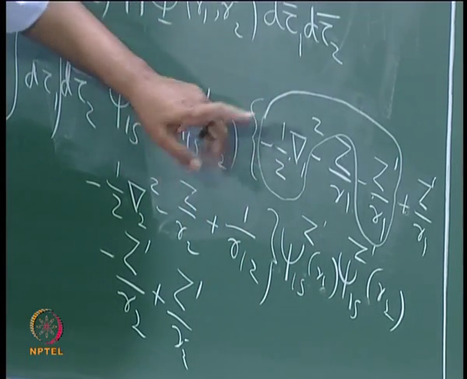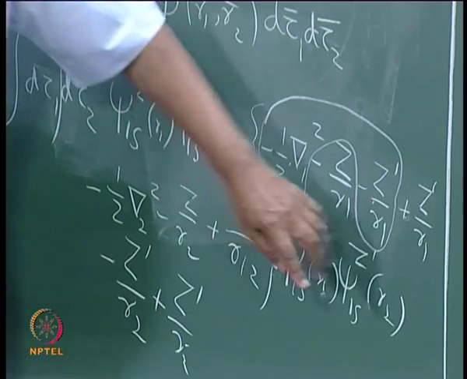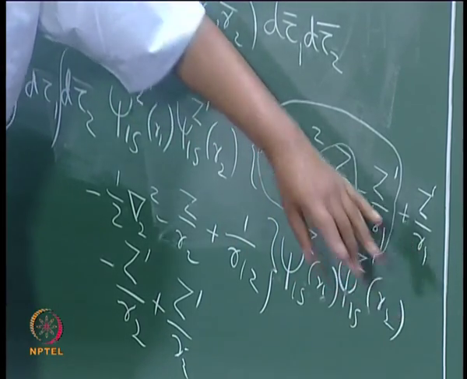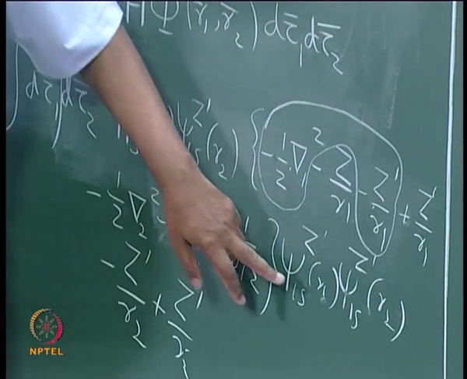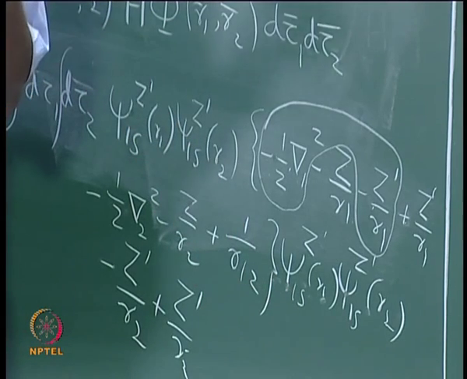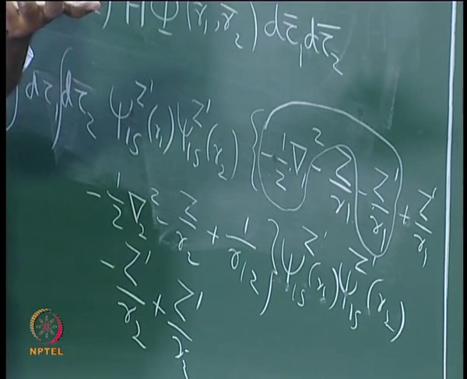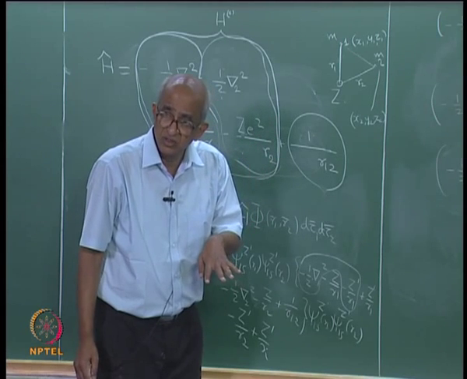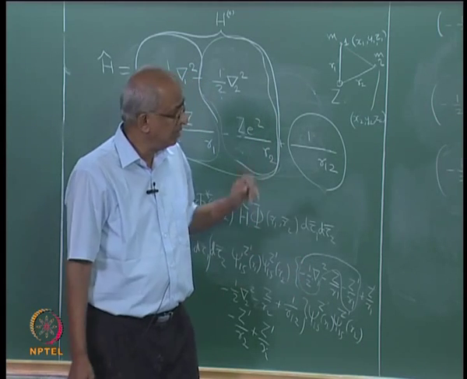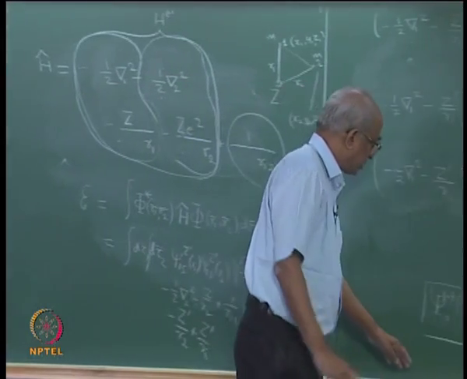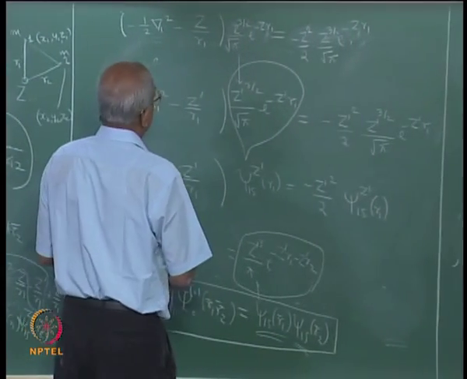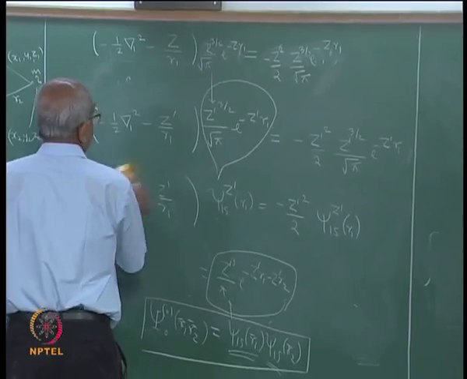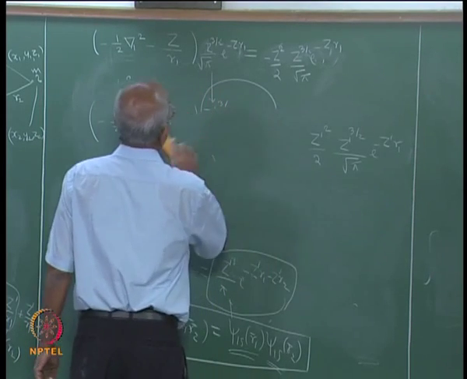This operator is dependent only upon r1, so therefore it will not affect that. So, this operator is going to operate only upon that, and if it operated only upon that, what is the answer? It is actually nothing but minus Z prime square divided by 2 times that function. So, that is where I make the simplification. So, now I hope, having told you that, I can remove these two equations and start writing here.